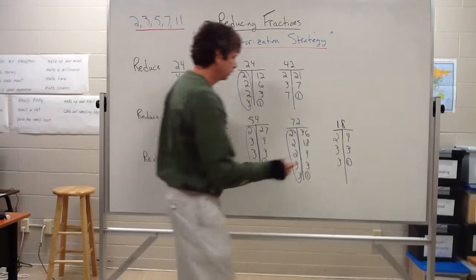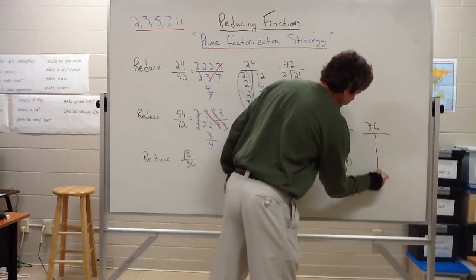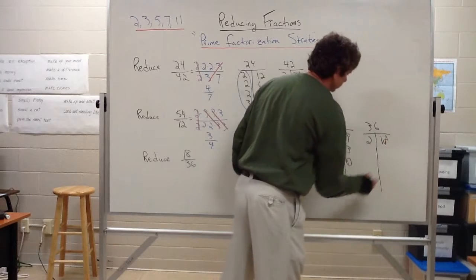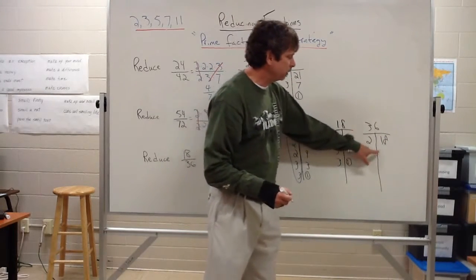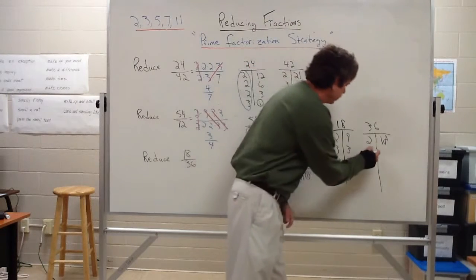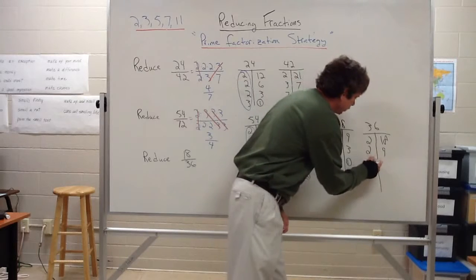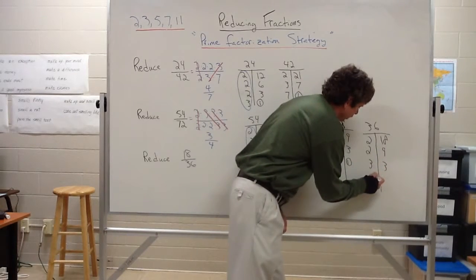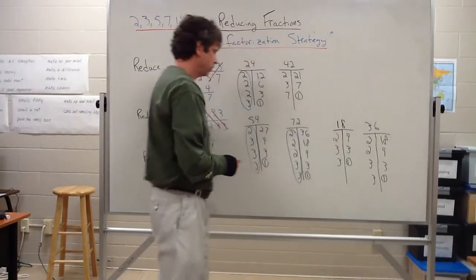That 36 is even. So we know 2 goes into 36 18 times. Again, if we need our calculator, just divide 36 by 2, that will give you your 18. 18 is even, so we know 2 goes into 18 9 times. Now our attention goes to the 9. 3 goes into 9 3 times, and then 3 goes into 3 1 time. And again, that 1 tells us that we are finished there.